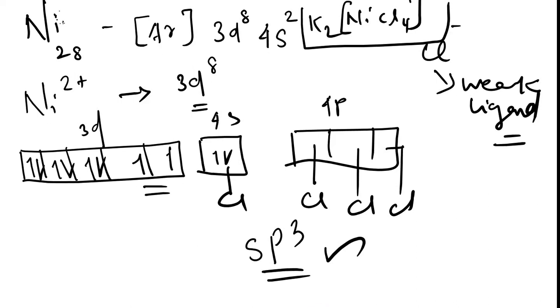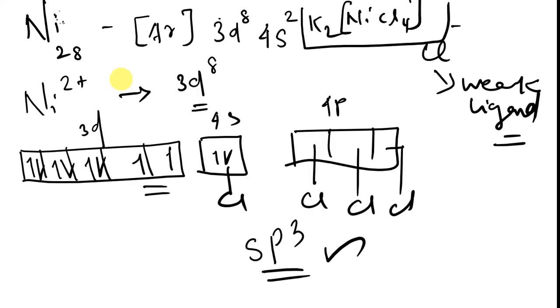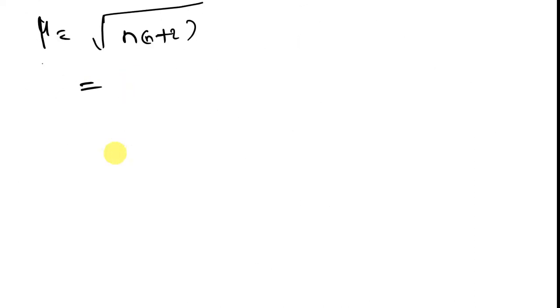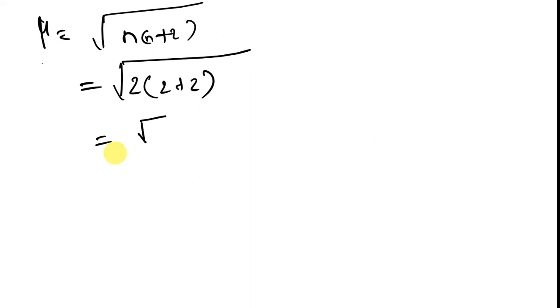So let us go for the magnetic moment here. The magnetic moment mu is equal to root of n into n plus 2. So here the number of unpaired electrons, 2 electrons are unpaired, right? So root of 2 into 2 plus 2, that is equal to root of 8.